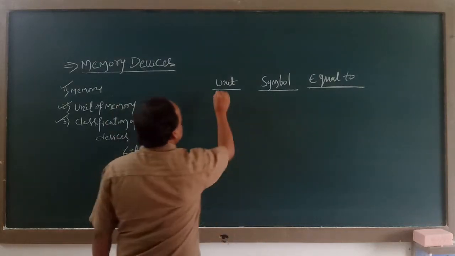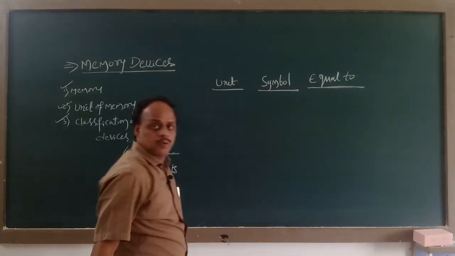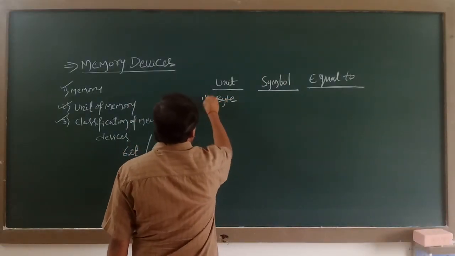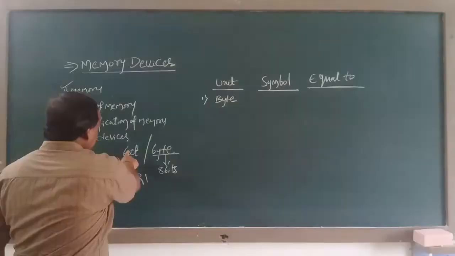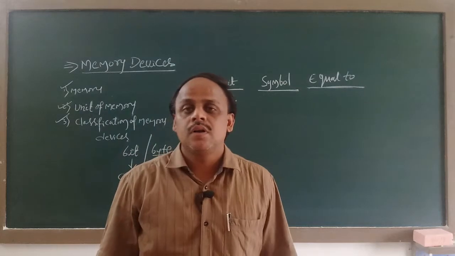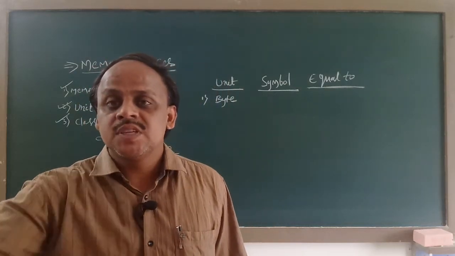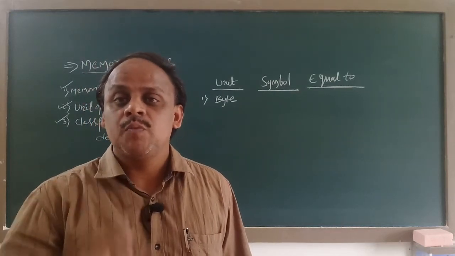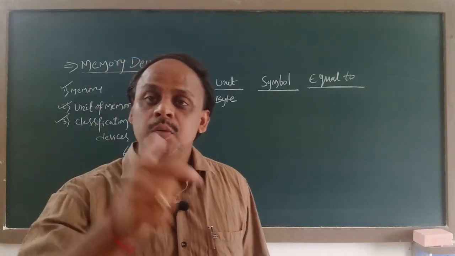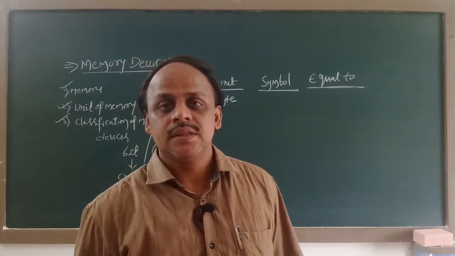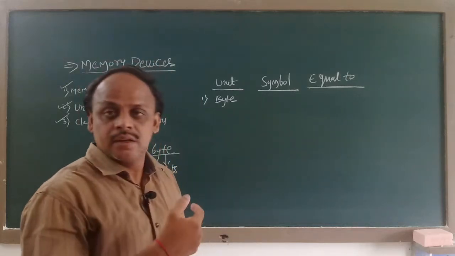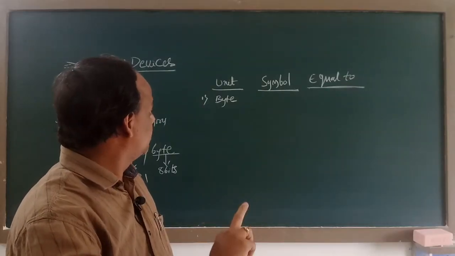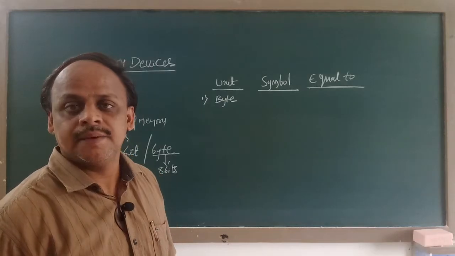Generally, memory is measured using bit or byte, but secondary memory devices are generally measured in bytes only. So let us see what the different units are and their respective symbols.